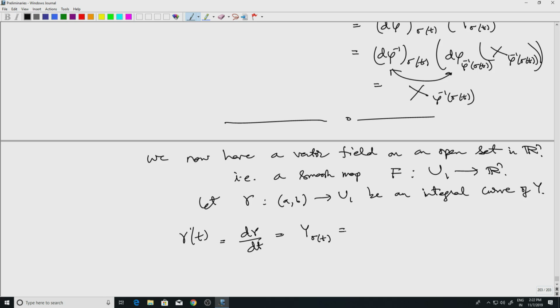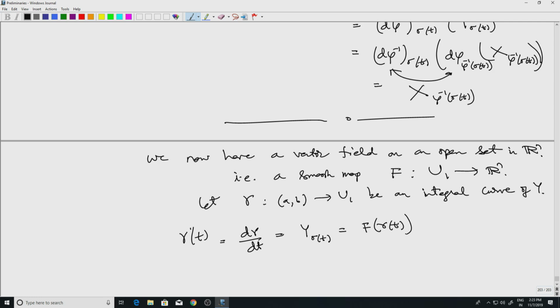Now, if one thinks of the vector field as the smooth map, then this is the same as f of gamma t. This is the usual going back and forth between derivations and elements of Rn. When I normally talk about vectors, tangent vectors and vector fields, at each point one thinks of them as derivations. At the moment you are in Rn, I can think of them as elements of Rn. That is this f of gamma t.